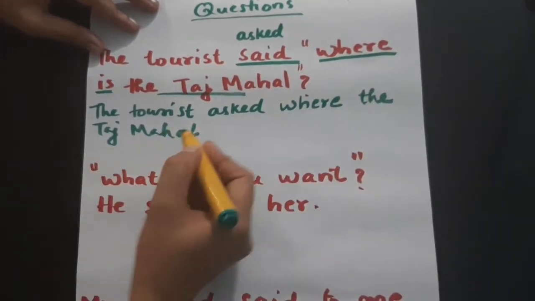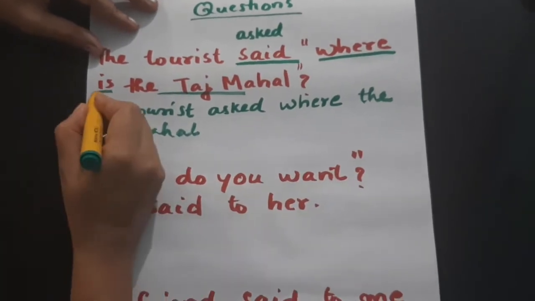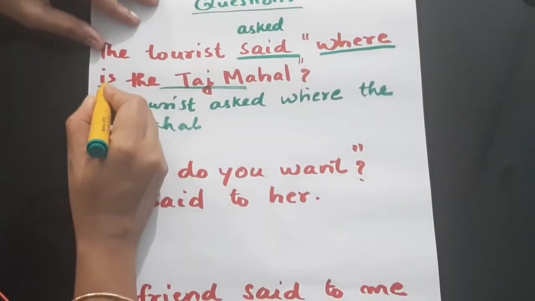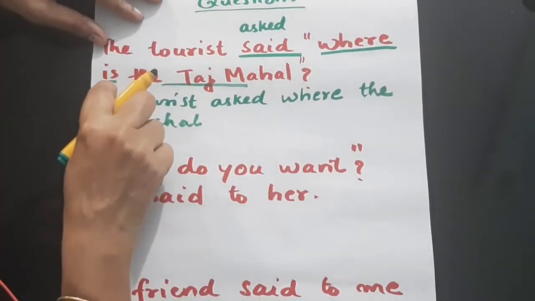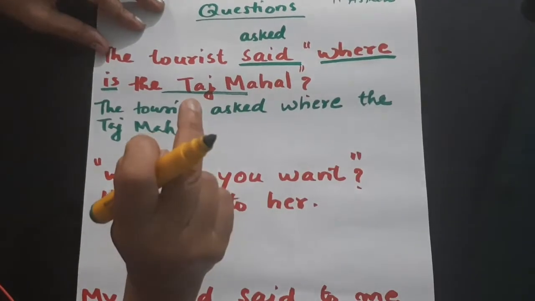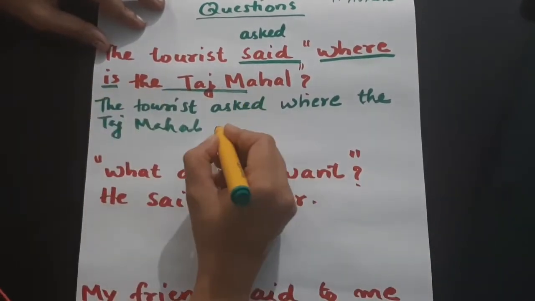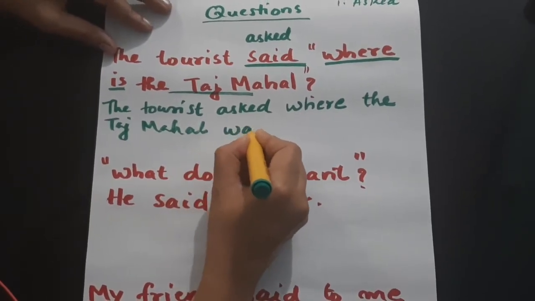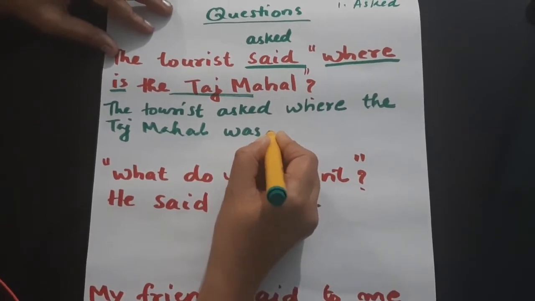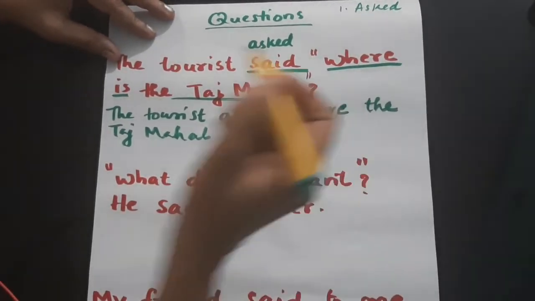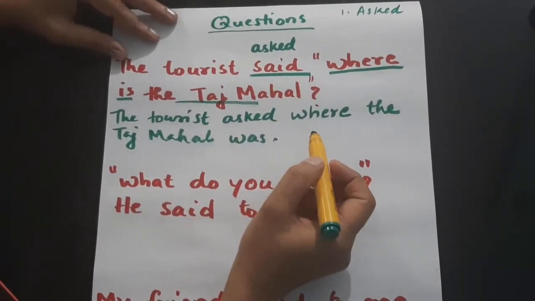Here you have the subject and next comes the auxiliary. See, what is the auxiliary here? Is, in the present form, and present will be changed to past. You know the rules we have already studied. So is, the present form, will be converted to the past form, that is was, and next what follows is a full stop, not a question mark. That is it. So you got it.